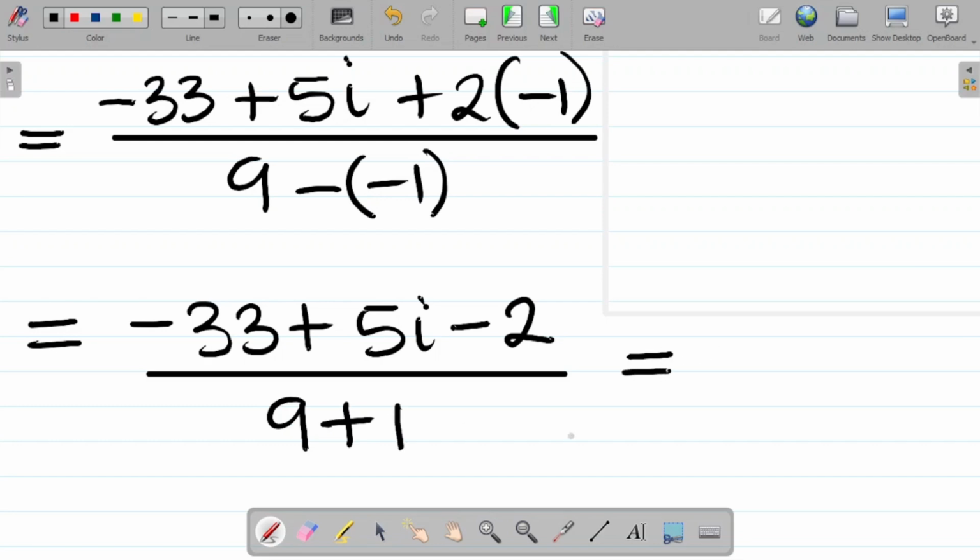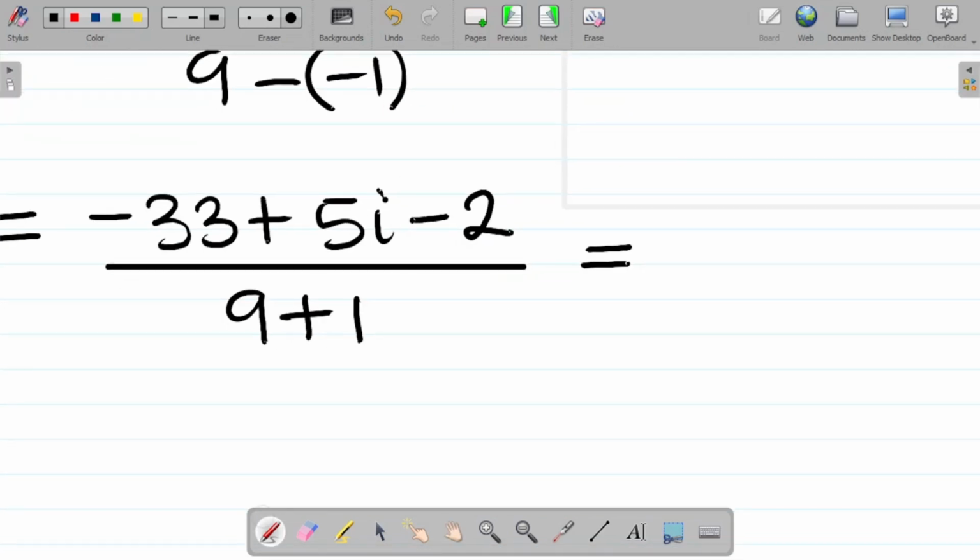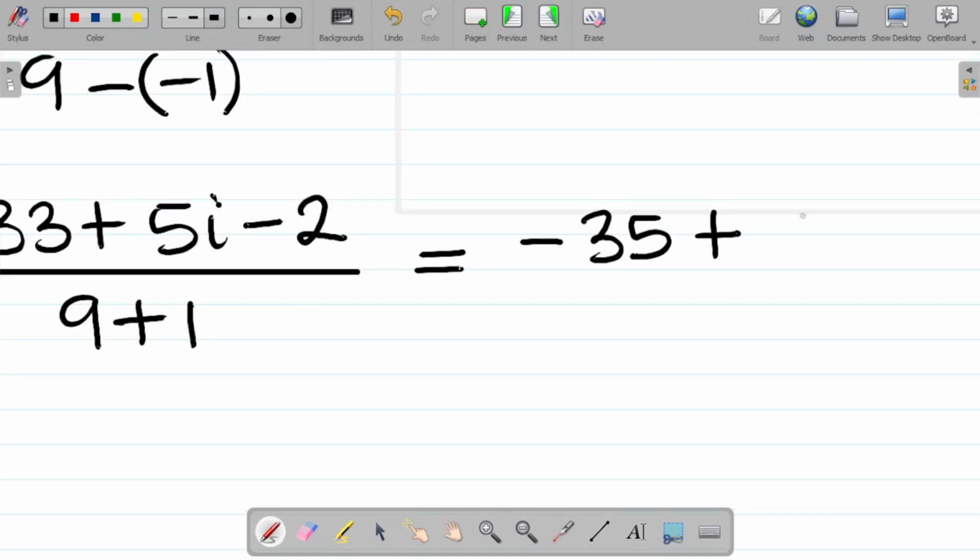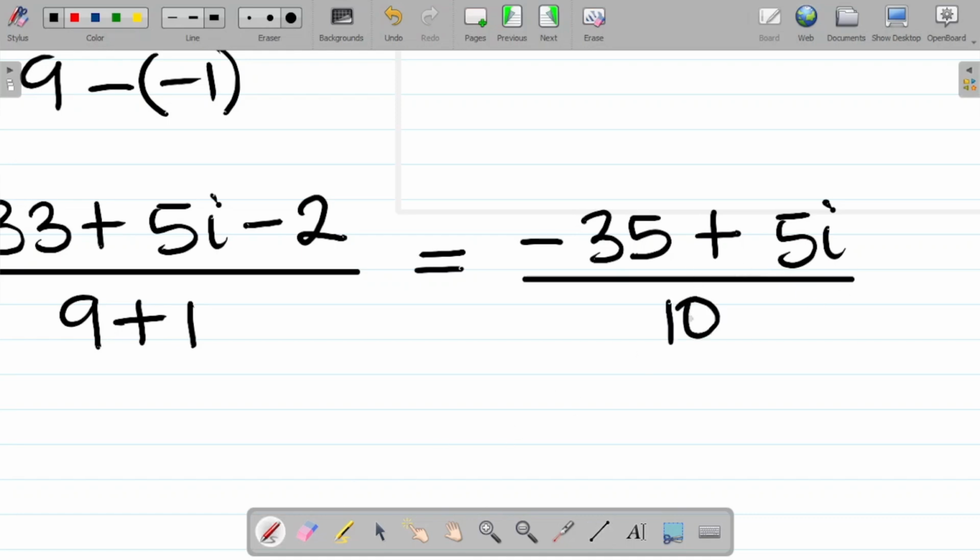And this is now equal to, if I work on the numerator, take the terms that do not have i attached to them, minus 33 minus 2. Minus 33 minus 2 gives you minus 35. So that's minus 35, and then plus, bringing the term that has i, plus 5i. So this divided by, if I look at the denominator there, I have 9 plus 1. 9 plus 1 gives you 10.